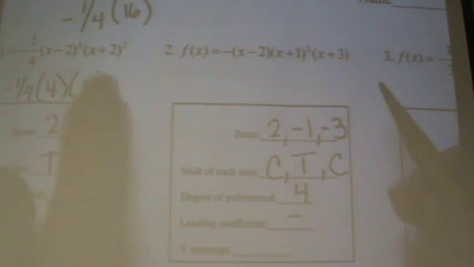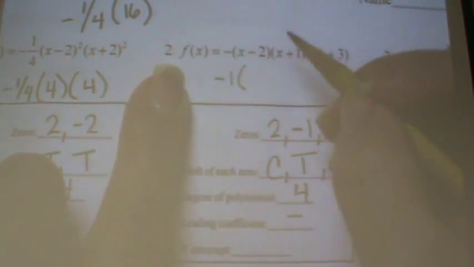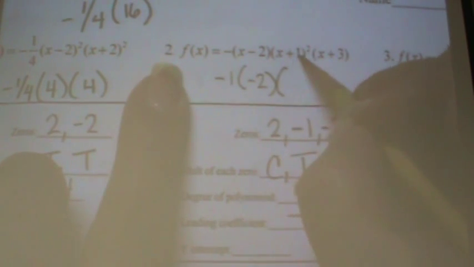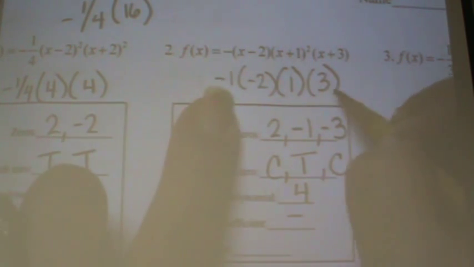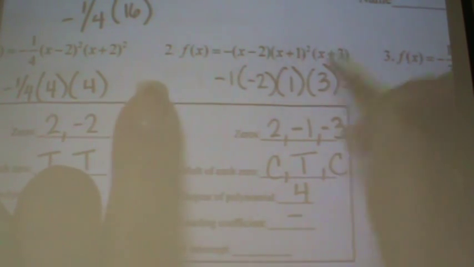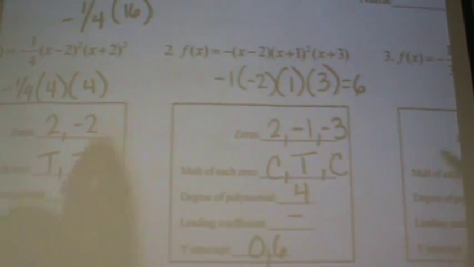Your y-intercept, if you plug a 0 here, and a 0 here, you get negative 1 times 0 minus 2 is negative 2. 0 plus 1 is 1, 1 squared is 1, and 0 plus 3 is 3. So you're going to get 6, 0, 6 for your y-intercept.